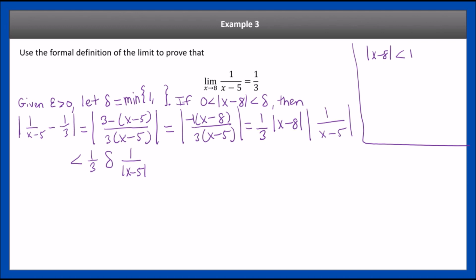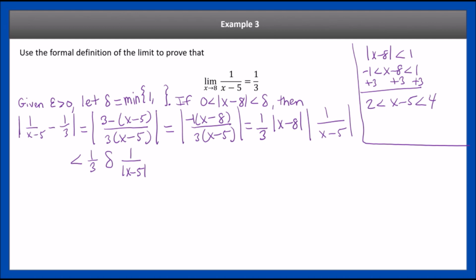Now we're going to convert this to a compound inequality, and then we're going to convert x minus 8 to x minus 5, but the only way to do that is to add 3, right? So we're going to add 3 to both sides here. That turns into x minus 5 is between 2 and 4.